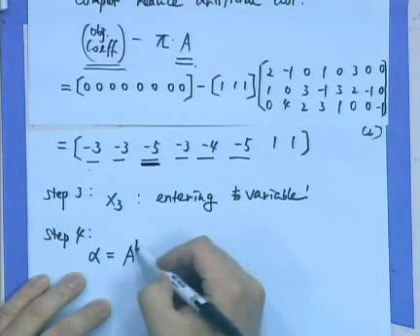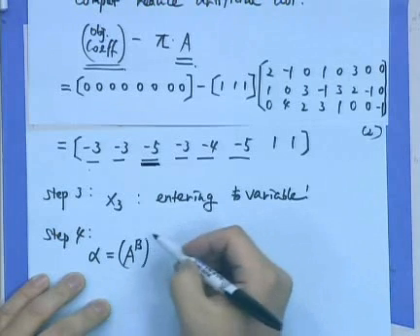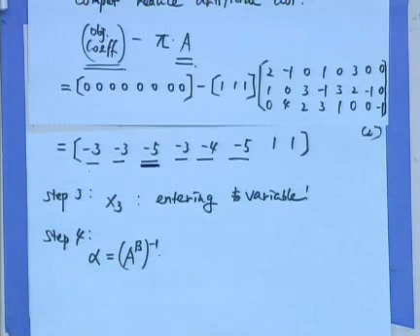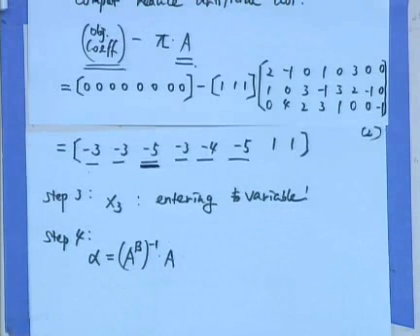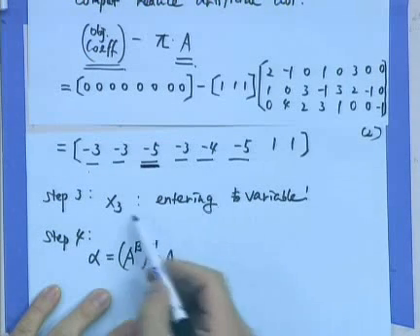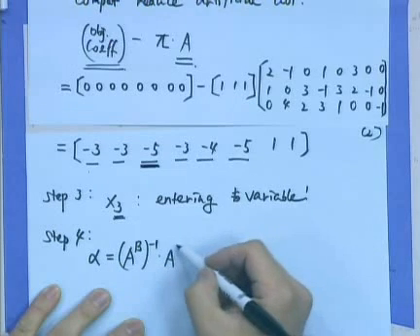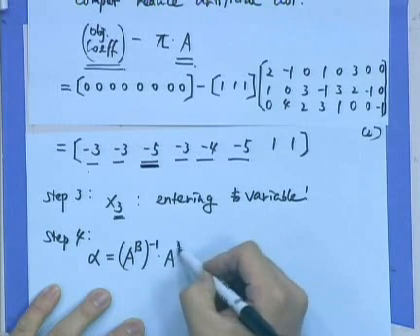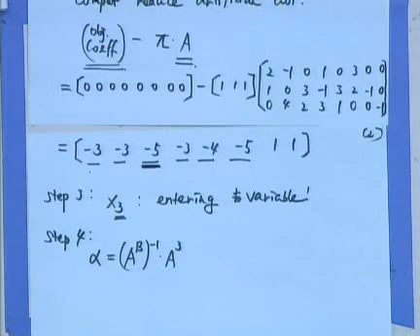The corresponding formula is the basis inverse matrix times the coefficient vector A. Okay? Actually, the entering variable is x3, so it must be A superscript 3.